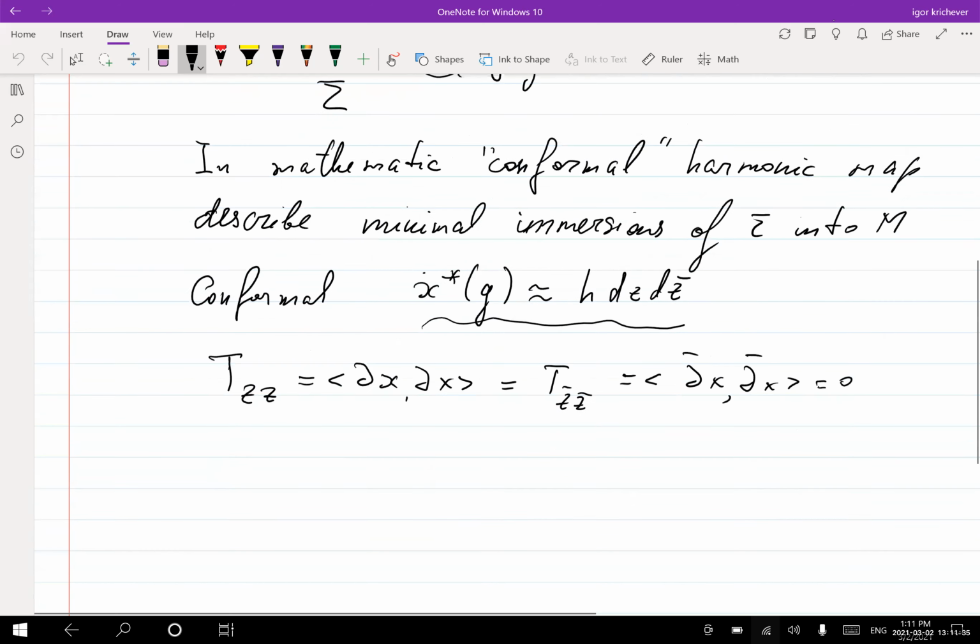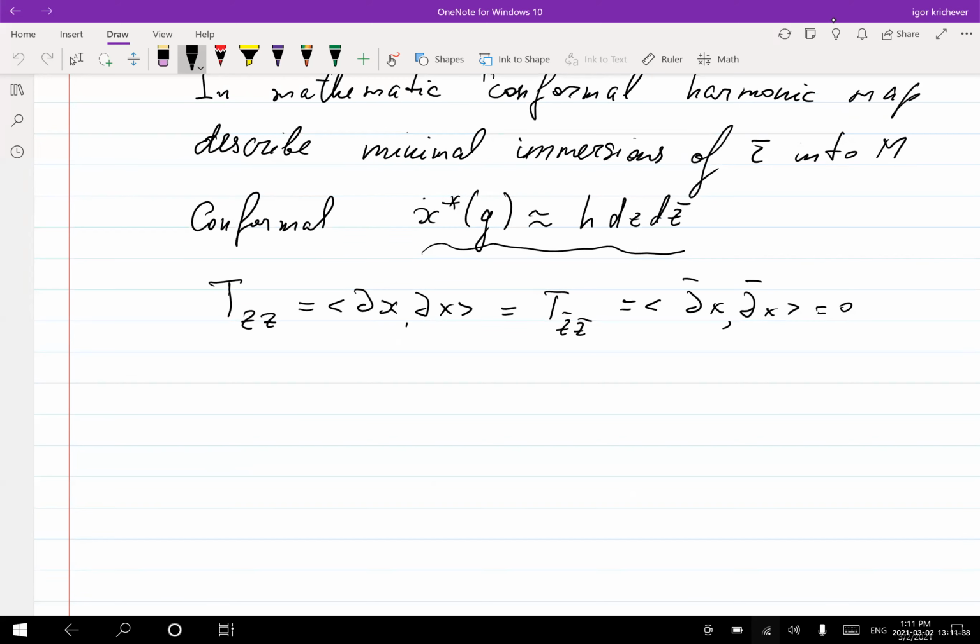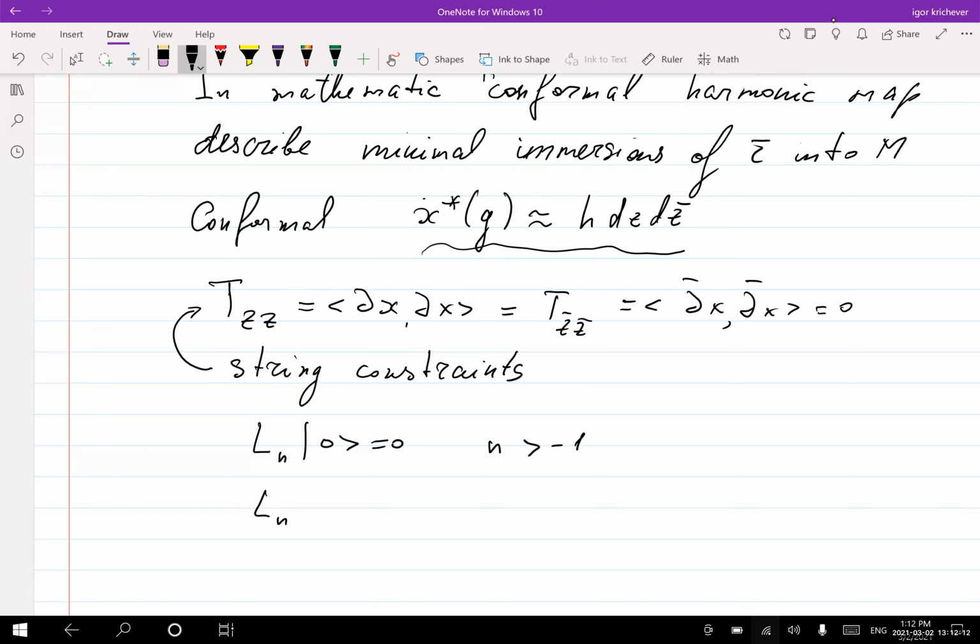This constraint is often called the string constraint, and it is the classical analog of the Virasoro constraint in quantum mechanics, when you put the condition that Virasoro algebra generators L_n annihilate the ground state for n bigger than -1, and L_n here is 0 for n less than 1.